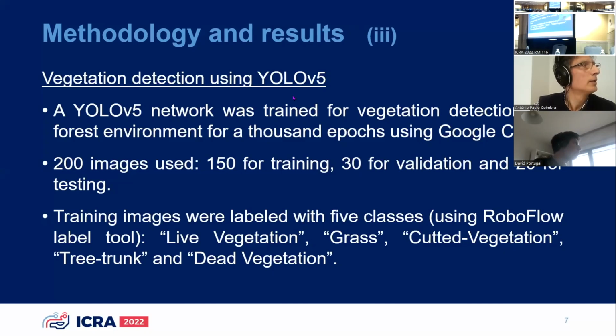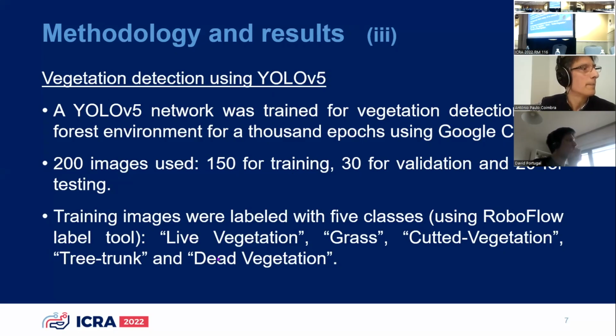When using the YOLO v5 model, we trained this model with a data set of 200 images, 150 for training, 30 for validation, and 20 for testing. These images were also taken from a forest nearby our department.